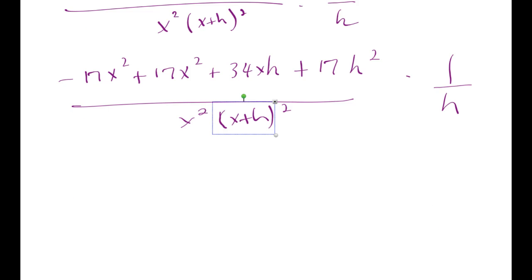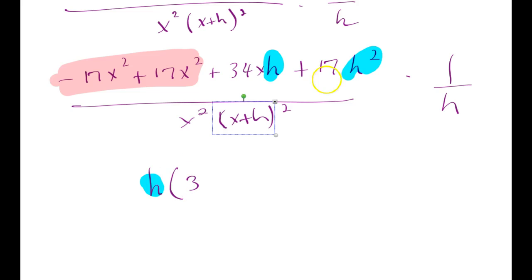And combining some terms, it looks like this will cancel, so I'm going to ignore the pink. It looks like I can factor out an h from the numerators after I've canceled out the pink. So I'm going to rewrite the numerator, factoring out an h, leaving just 34.